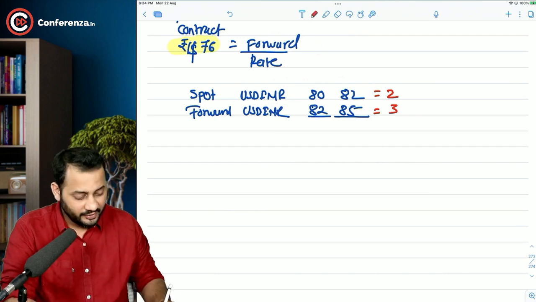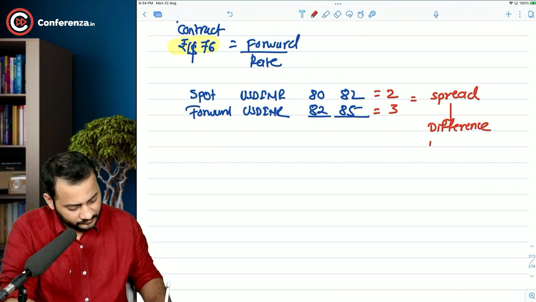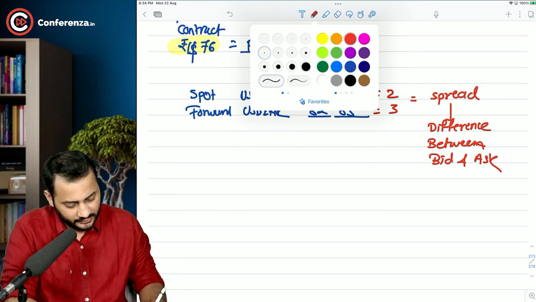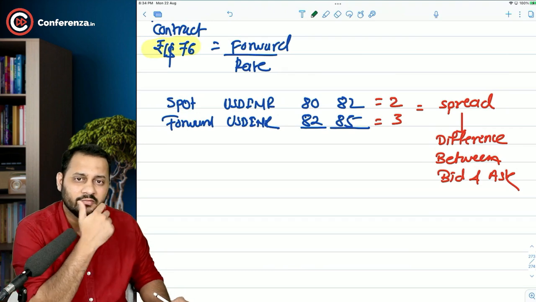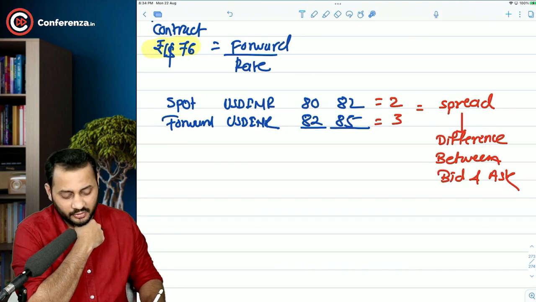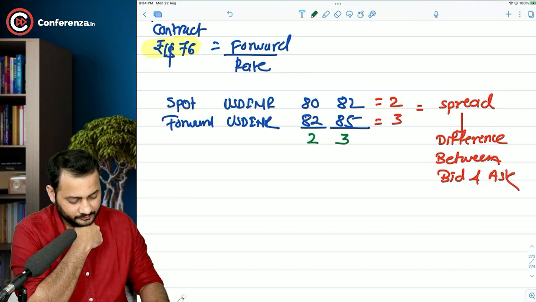So this profit is called spread. And it is nothing but the difference between bid and ask. Okay, let's come to the other part. If you find out the difference between spot and forward, the bid of the spot and the bid of the forward, you will see it is 2 rupees and this is 3 rupees.